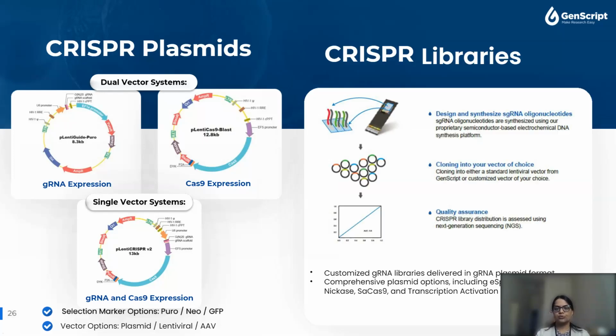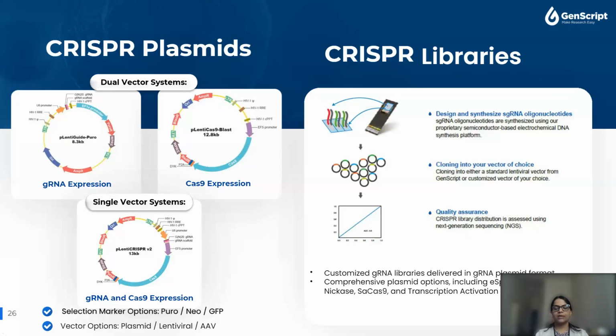GenScript also provides the CRISPR gRNA library option from the Broad Institute, and these include the gene knockout library for human and mouse, including the CRISPR SAM library for activating genes in both human and mouse.